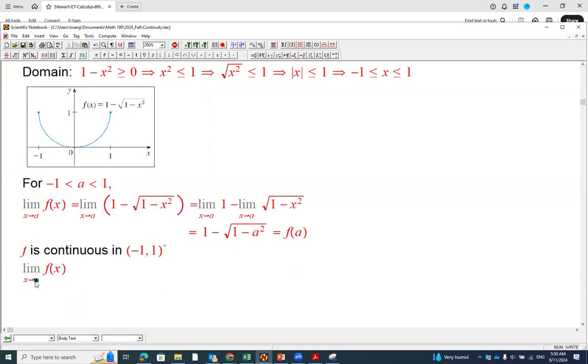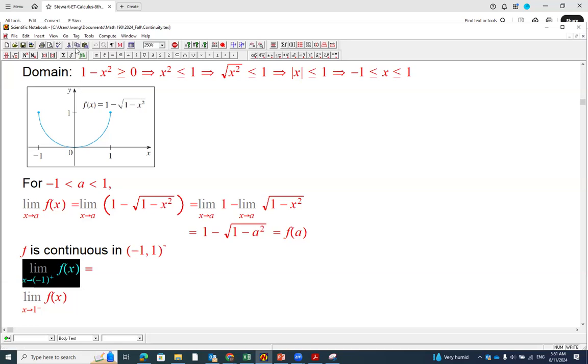From -1, but larger than -1. Limit from the right, and the other one is limit from the left. Right? We just talked about those definitions.